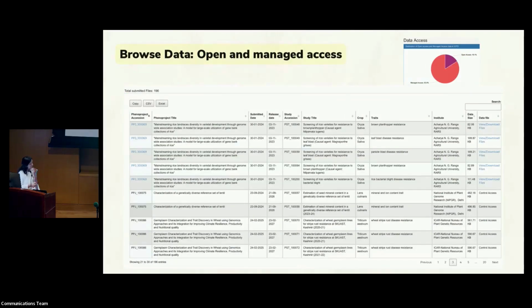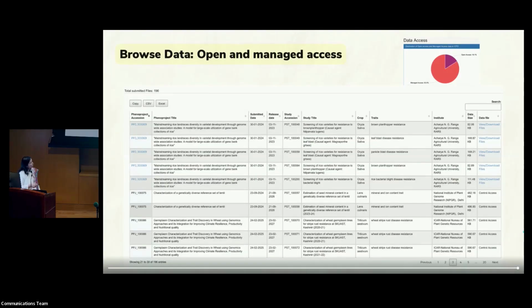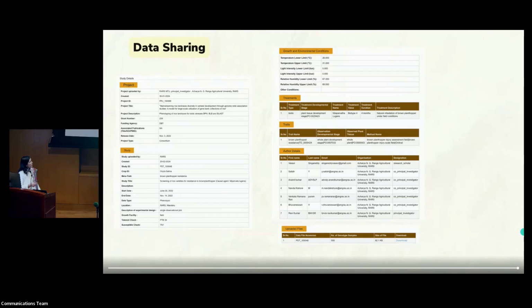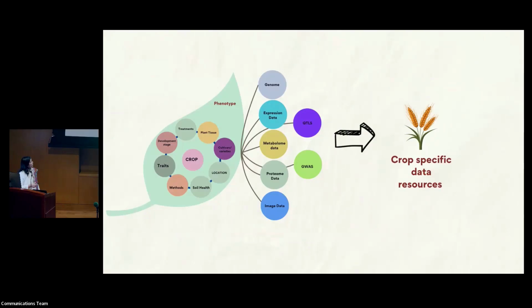So this is the browse page where all the studies can be found based on whether the user chose controlled access or the open access. So after complete submission, these studies can be easily accessed and data can be downloaded, easily shared.